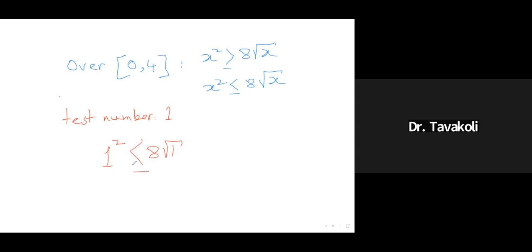So over that interval from 0 to 4, not anywhere else, we have this as the correct order of the inequality. Meaning that in the final step, when I want to find the area and form the integral, 8 radical x comes first, and then minus x squared.